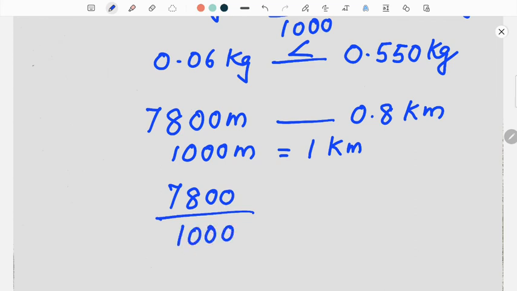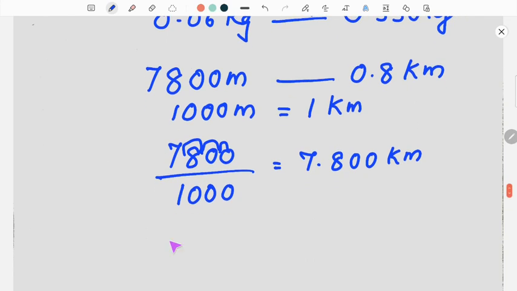Shift the decimal 3 places to the left side. 1, 2, 3. So 7.800 kilometer. So 7.800 kilometer and 0.8 kilometer.